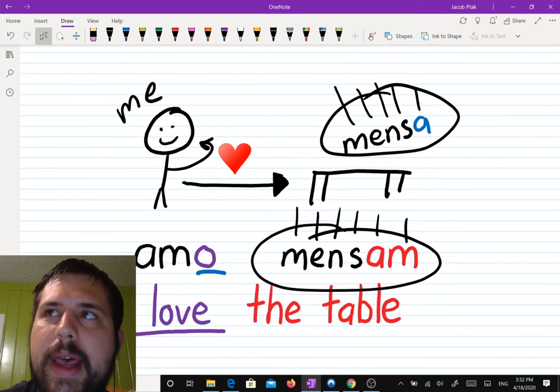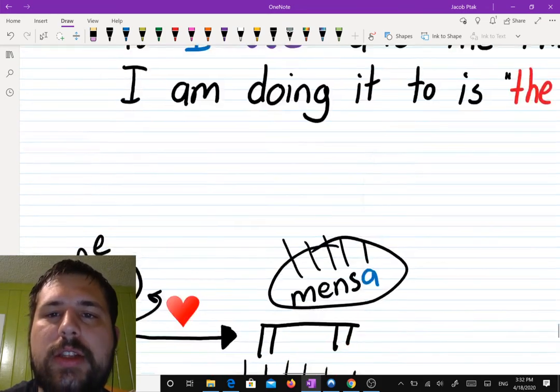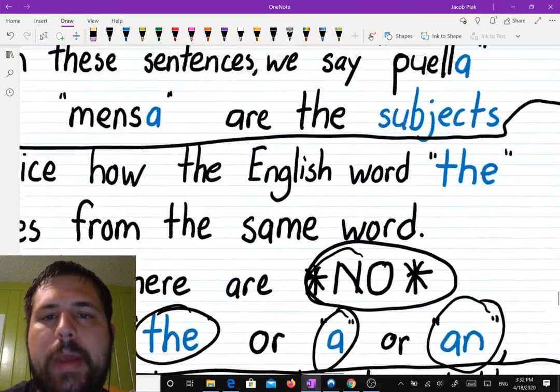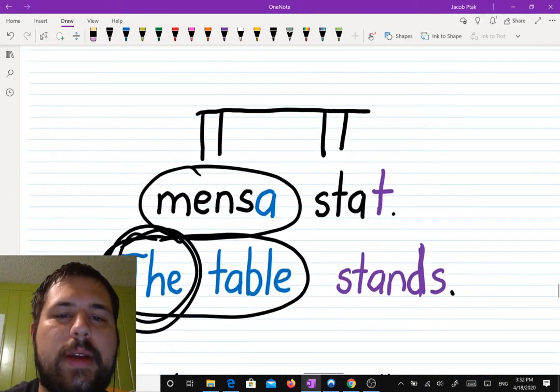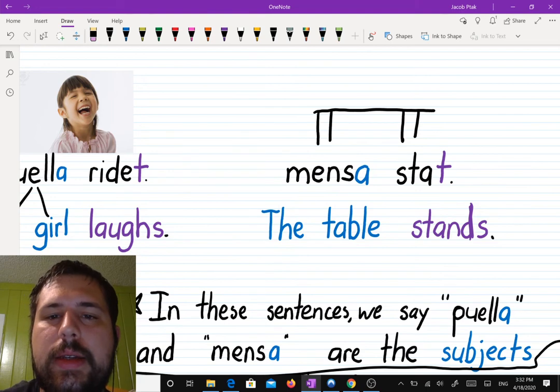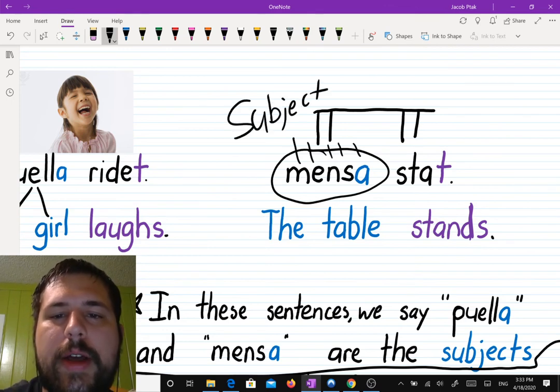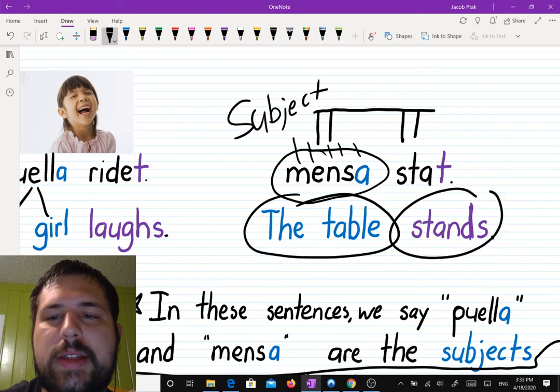And so we said that the spelling of a word lets you know if it's the subject or an object. So let's go back up a little bit. In this sentence right here, mensa stat, that's spelled M-E-N-S-A. So that's a subject. The table stands.